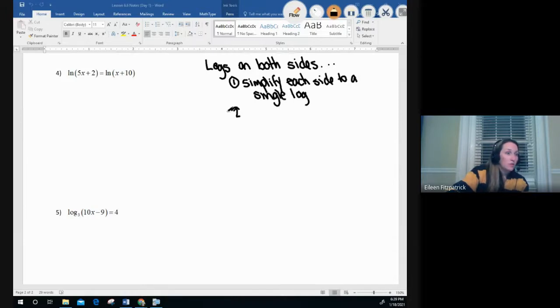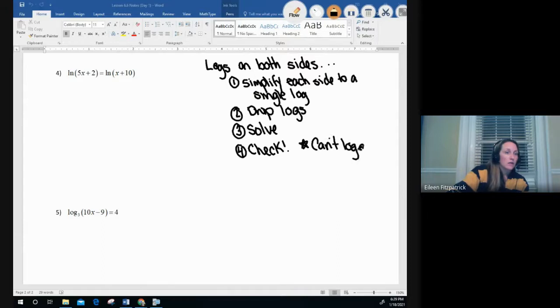Then you're going to drop the logs, just like we dropped the bases, and solve. And then finally, it's important for these problems to check. You can't log a negative. So check, make sure you're not logging a negative.